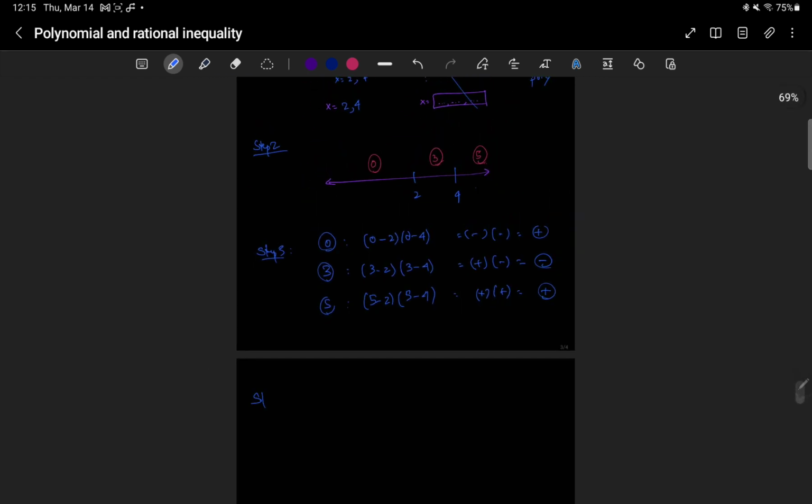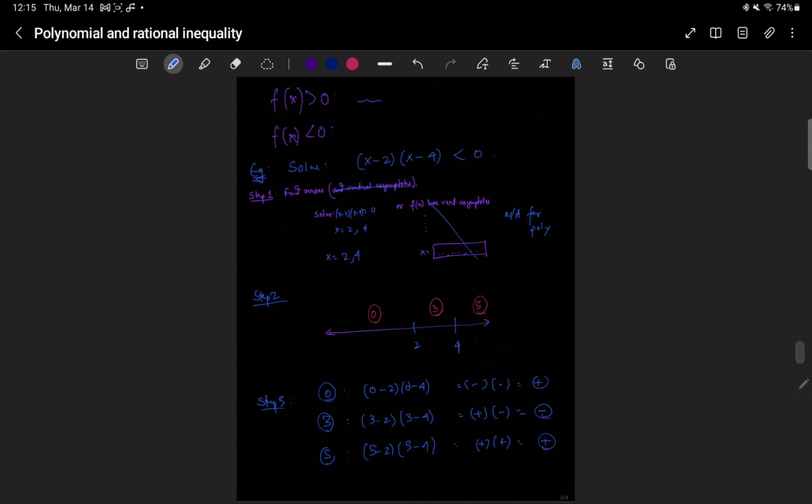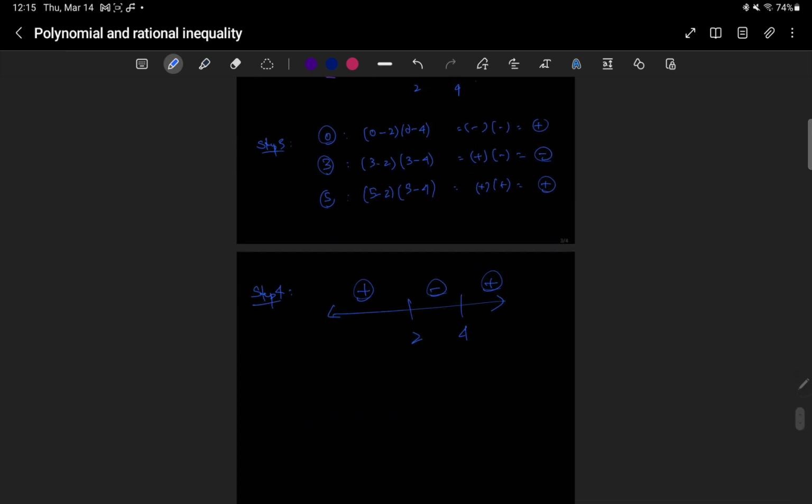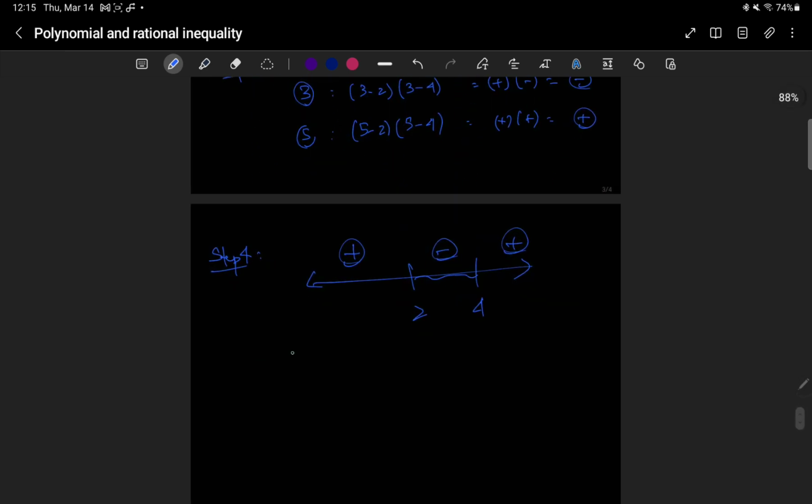And then finally, we're just gonna assimilate the result and write down what we obtained. We obtained that for the test point 0, which means for the entire interval less than 2, it gives a positive result, and then a negative, and then a positive. And now I go back up, we are trying to find where it is less than 0. So the solution will be between 2 and 4.